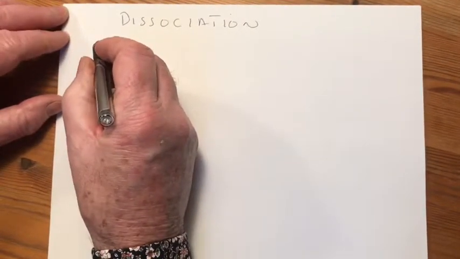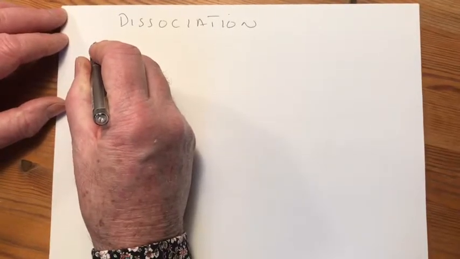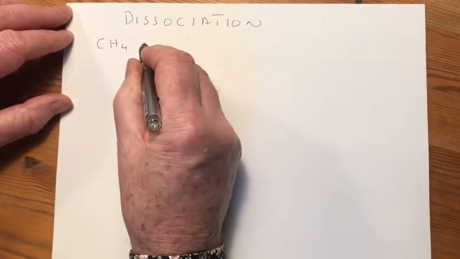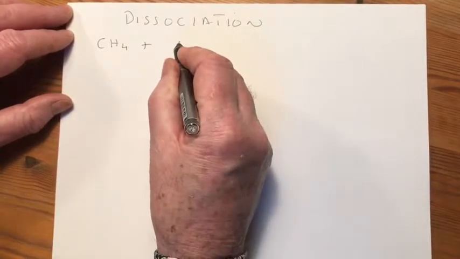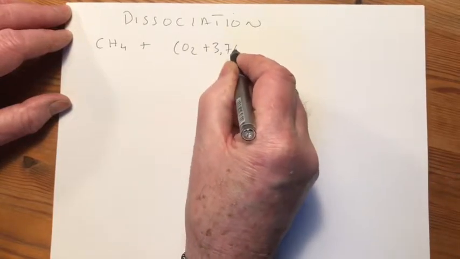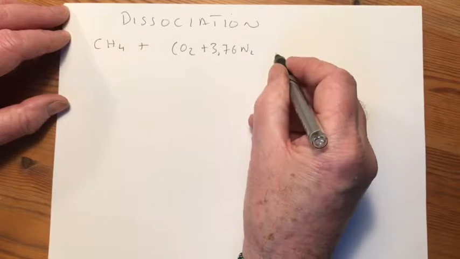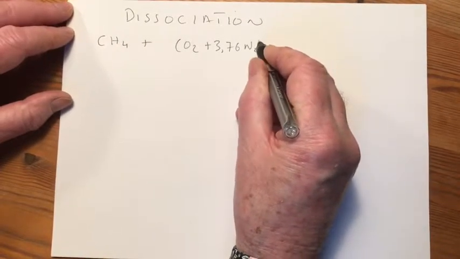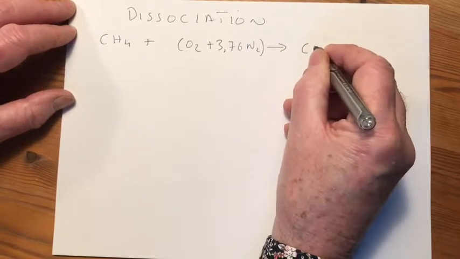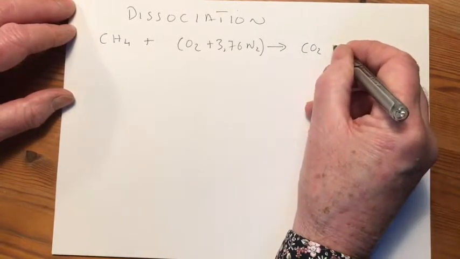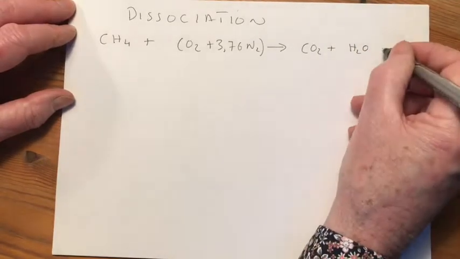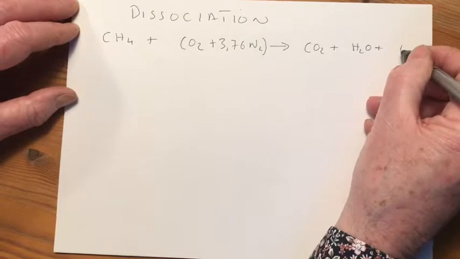So, if we take a very simple reaction of methane plus atmospheric air, when it combusts, we will form CO2 plus water plus N2.